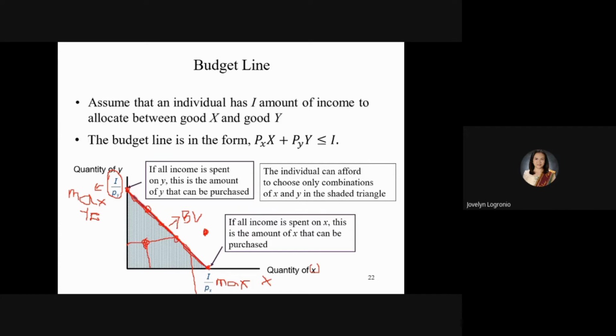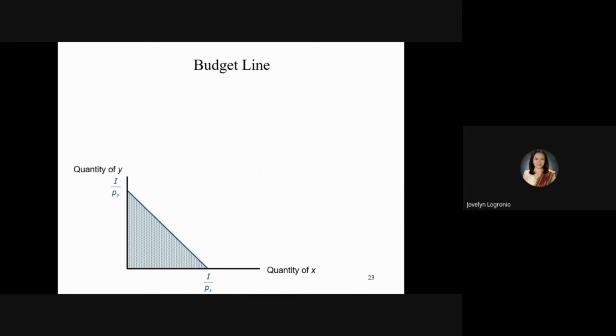So any combination outside the budget line describes scarcity, or there is no more available budget for that combination, so it is impossible to attain. Ayan. Later we'll have an example about this line.